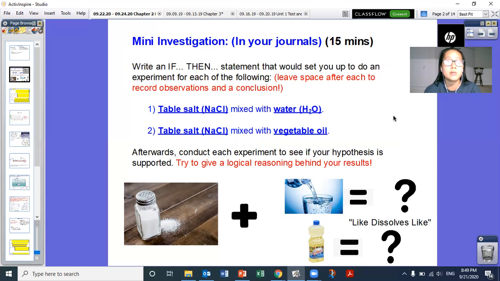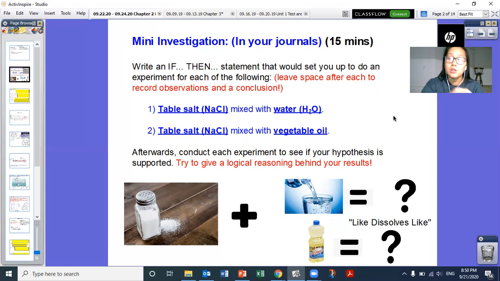And the whole point of this mini investigation demo that we did was because like dissolves like. So things that have charges or things that have dipoles, right, mini charges, tend to like and be able to break apart other things that have dipoles or charges, right? So charges break apart things that have charges.